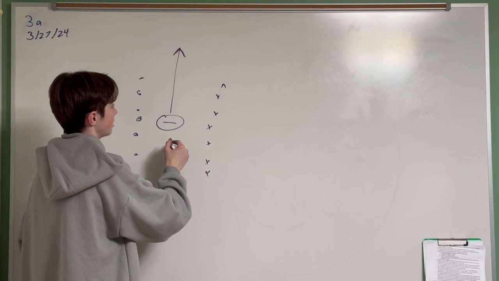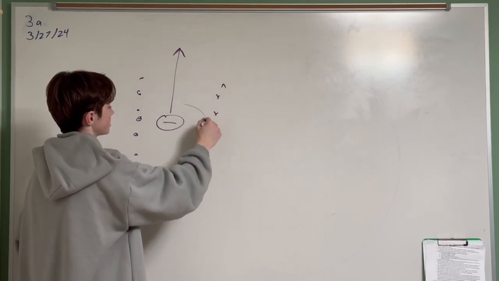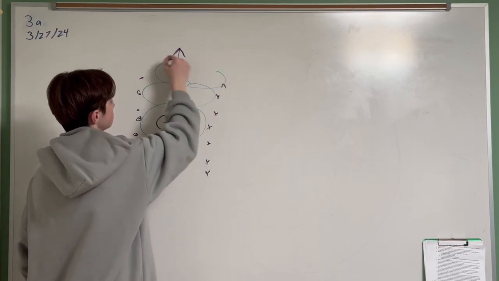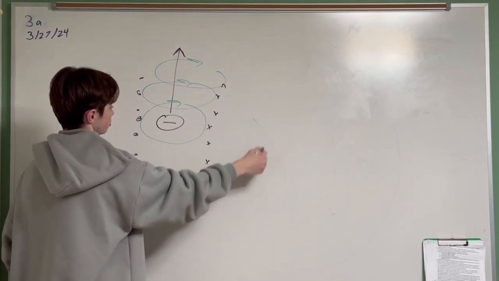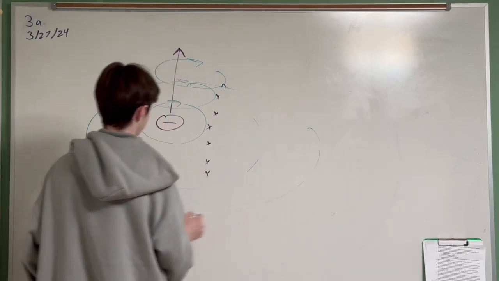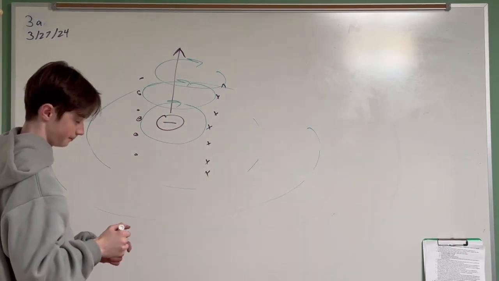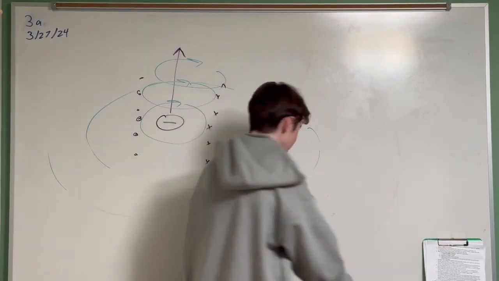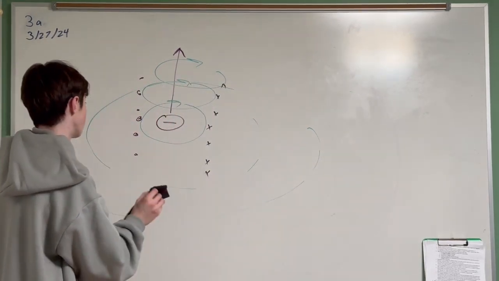It looks like this. And then you can also draw bigger ones, because, you know, they go far away. Okay. So that is the magnetic field created by a charge.